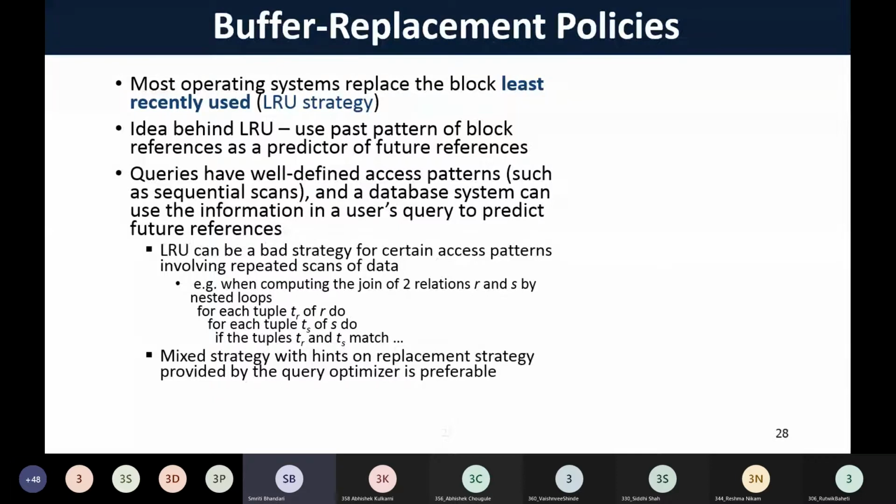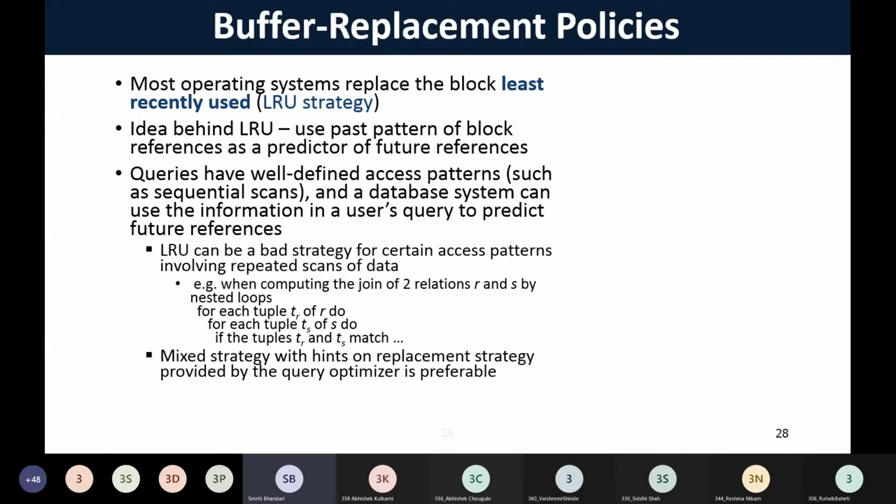Instead, depending upon the user request or the user query, it is possible for the database system to predict which blocks need to be referenced in future. And hence, LRU can be a bad strategy for database management systems in certain cases.